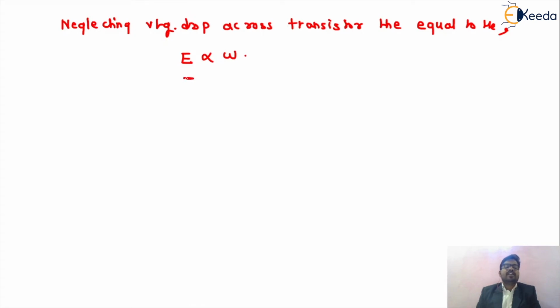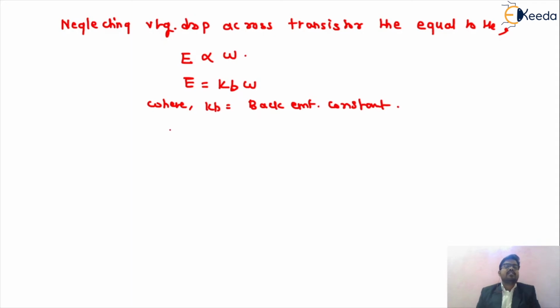So we can rewrite this equation as E is equal to the proportionality constant Kb into omega, where Kb is the back EMF constant.